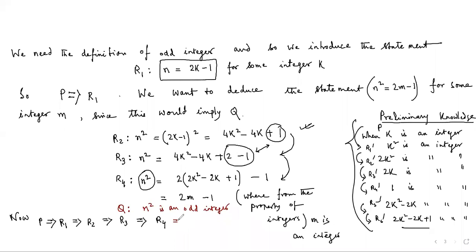So R4 implies Q. So from the law of syllogism, P implies Q, which means that when n is an odd integer, then n square is also an odd integer.